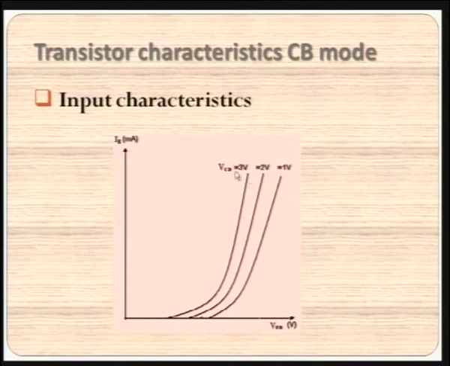Now, by maintaining VCB constant, first at one value, we vary one quantity like VEB and note the change in IE, and plot a graph. This graph is drawn for three different values of the output voltage. The output voltage is VCB.